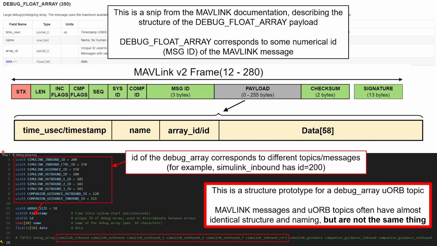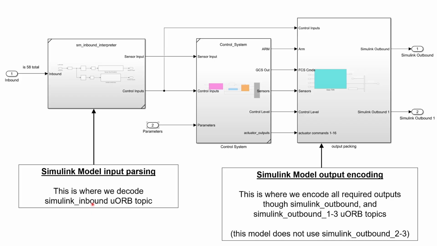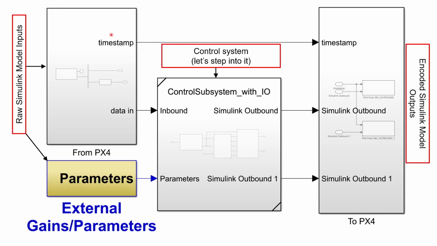All right. So this is, again, the debug array message of the PX4. This is what we have sent. We can set all of these entries to whatever we want, except for the timestamp. This is something that is getting filled internally by the PX4. And this is also the reason why you see this over here when we talked about inputs and outputs.